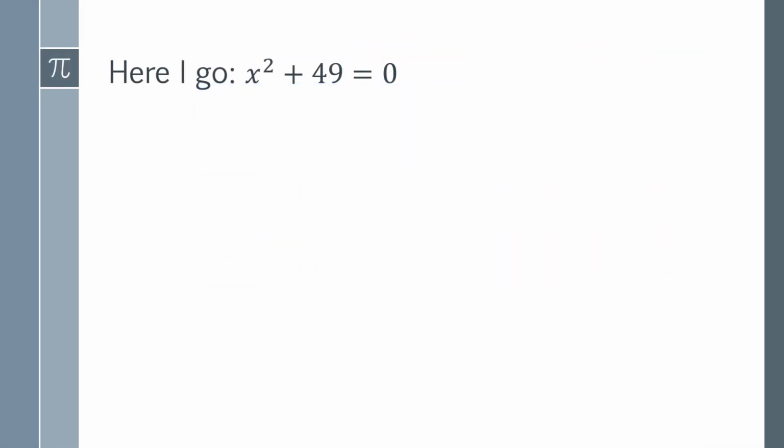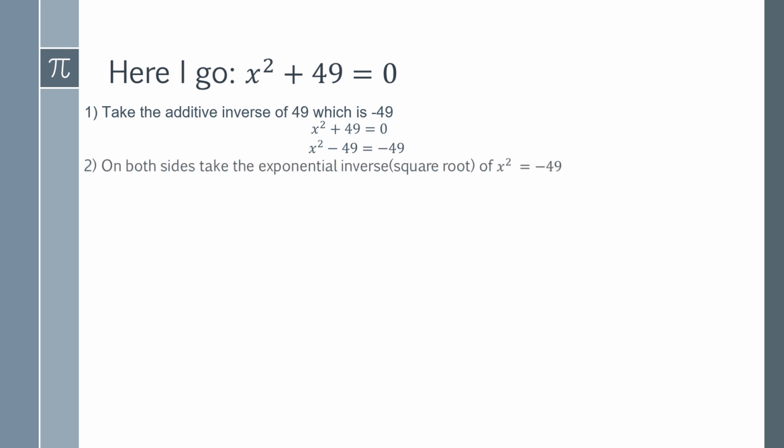Alright, here I go. Let's try this problem. So this is pretty easy for us. We make it x squared equals -49. And then back to what I told you about x squared becoming the square root, because I have to take the square root of x squared.